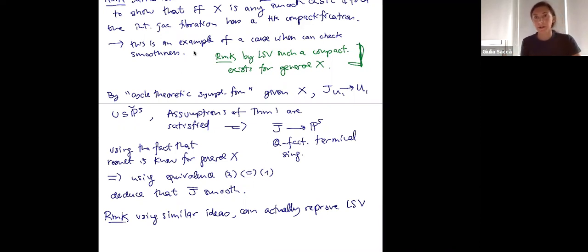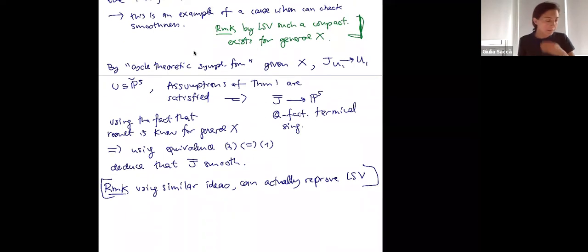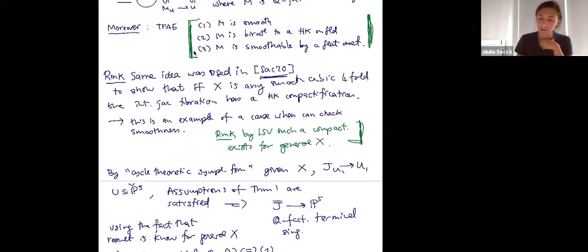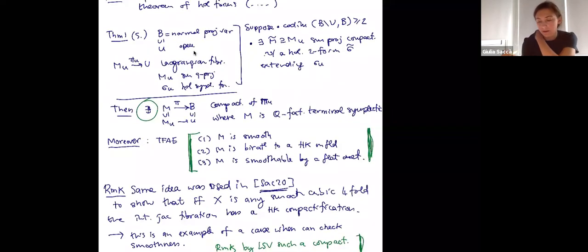For that, you need another kind of family of cubic fourfolds. Maybe if people have questions, I'm happy to answer and explain the proof, but otherwise I want to move forward. So this is just an example where you actually get a non-trivial conclusion out of this theorem.